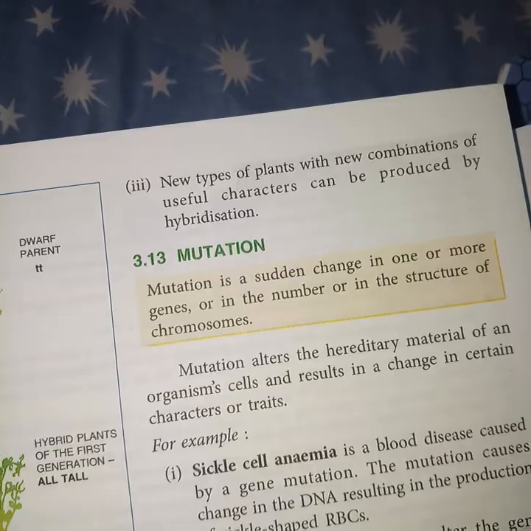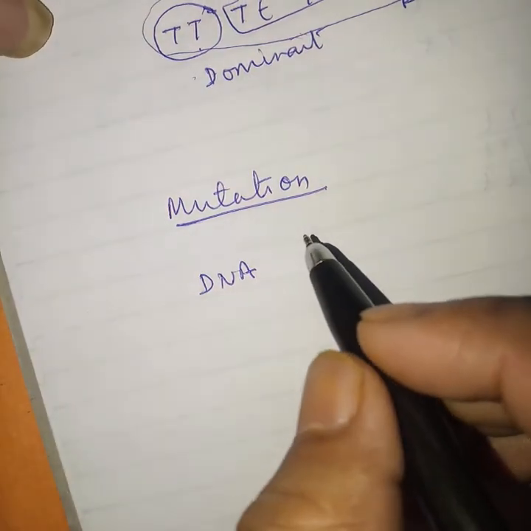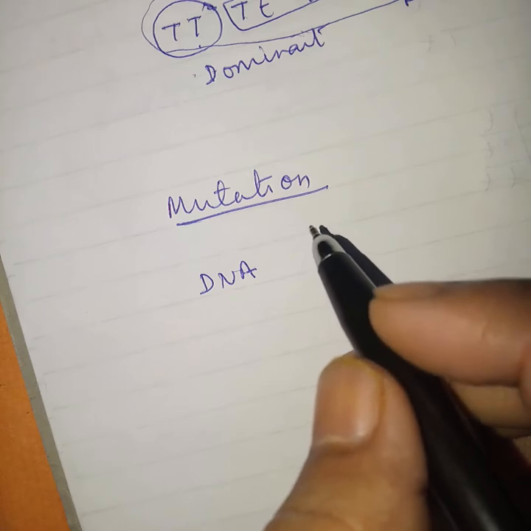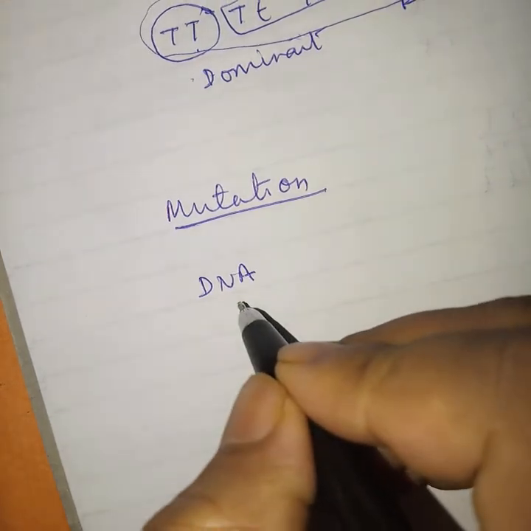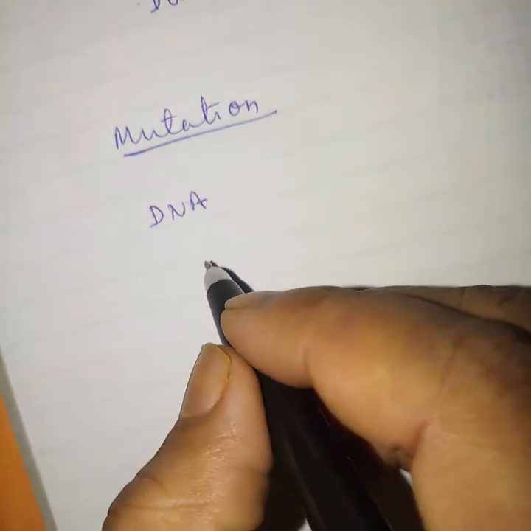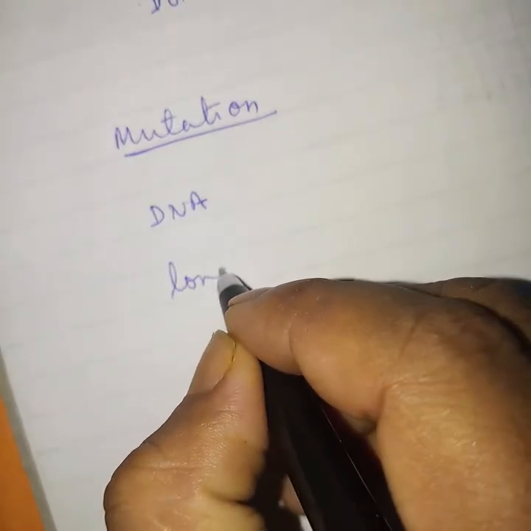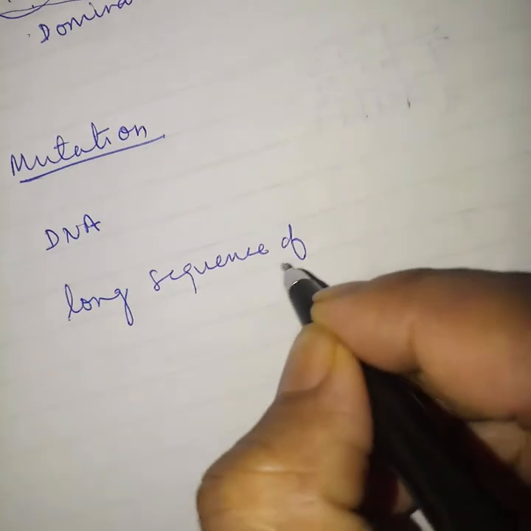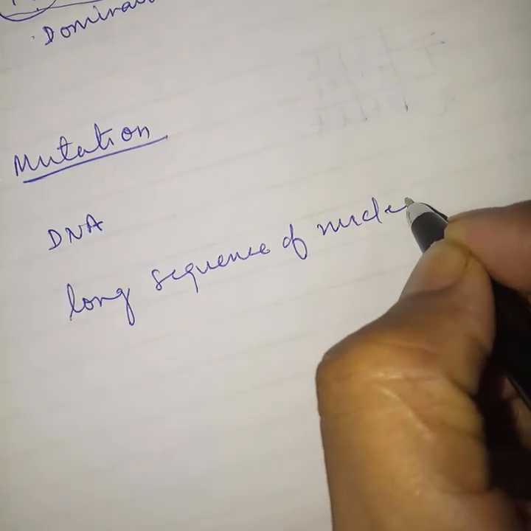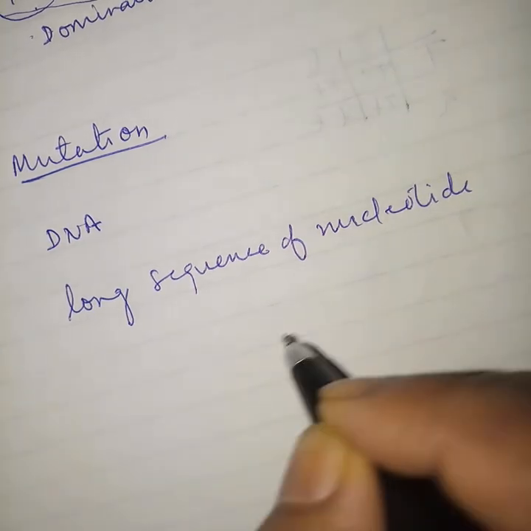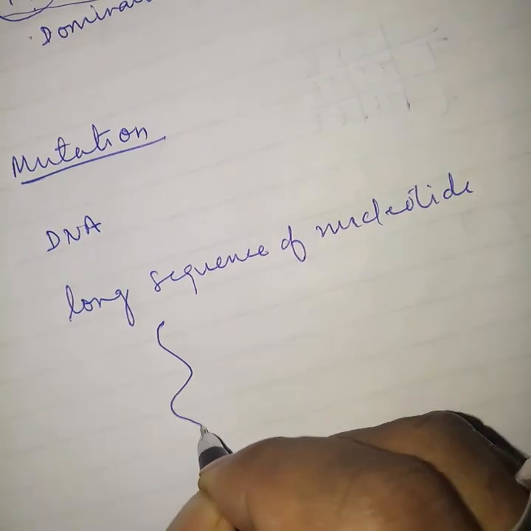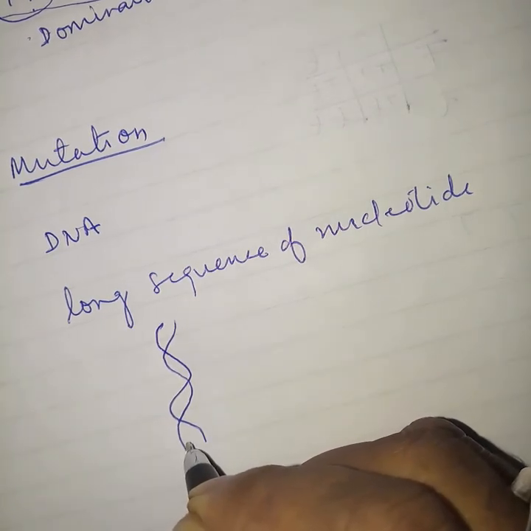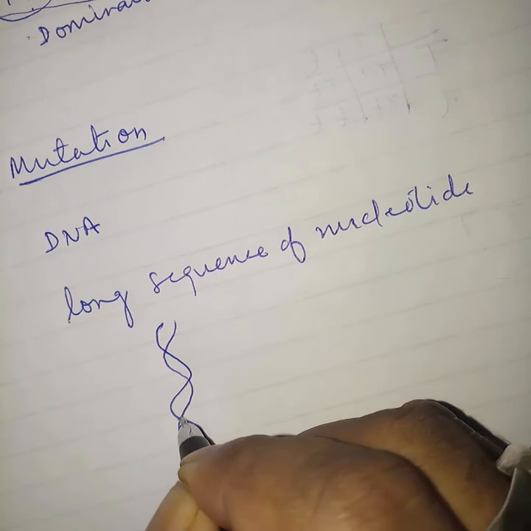Now come to mutation. In the previous chapter, we have learned about the DNA. DNA is a long sequence of nucleotides. DNA is a double helical structure, consisting of two strands and the bases in between.